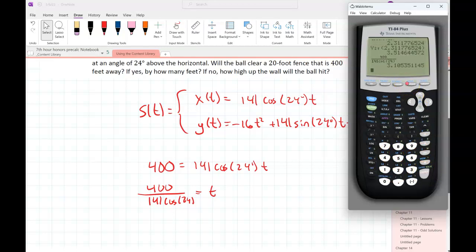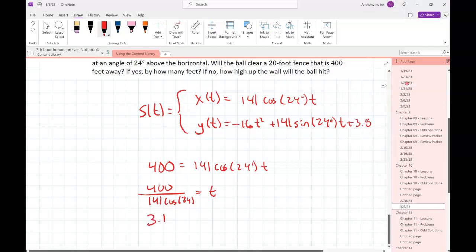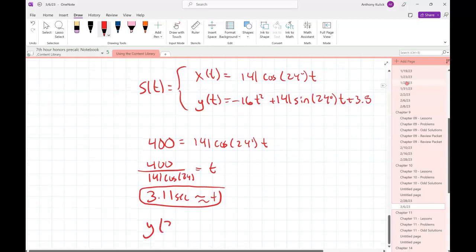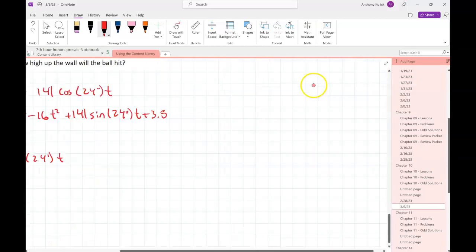So 311-ish. I'll then take that value for t and plug it in for y.